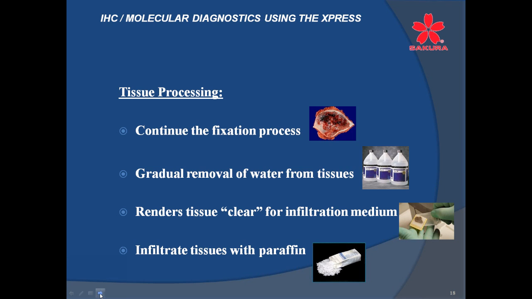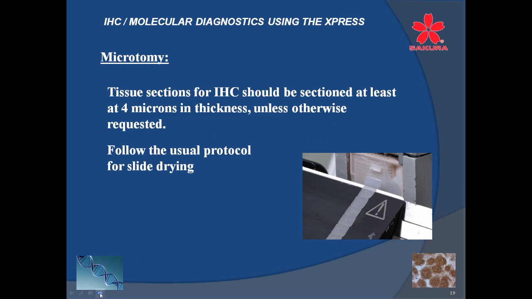Gradual removal of water from tissues, that's what these reagents do, the alcohols, but even the one with components will help get rid of water. It renders tissue clear for your infiltration medium, which is paraffin, and then infiltrating the tissues with the paraffin at the proper stage.